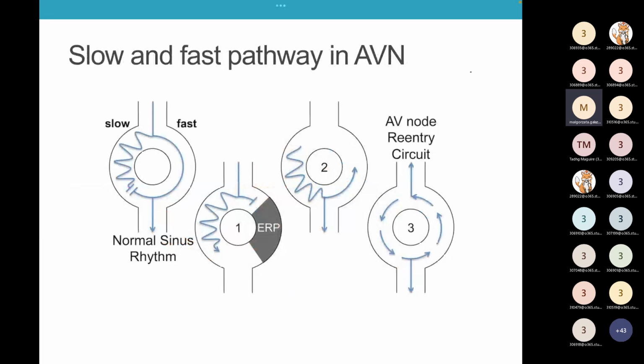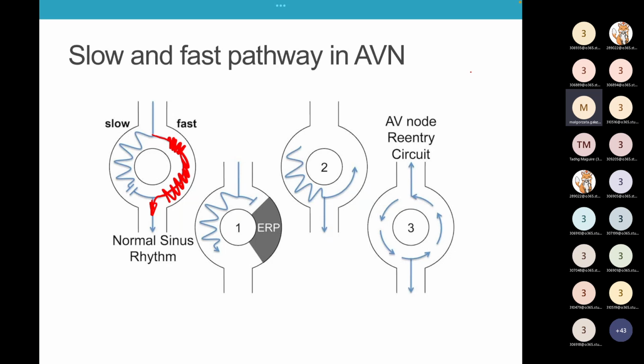There are too few available voltage-gated sodium channels. Therefore, an action potential cannot be generated. So once the action potential propagates along the fast pathway, the cell membranes of the cells on the fast pathway are in the state of effective refractory period.